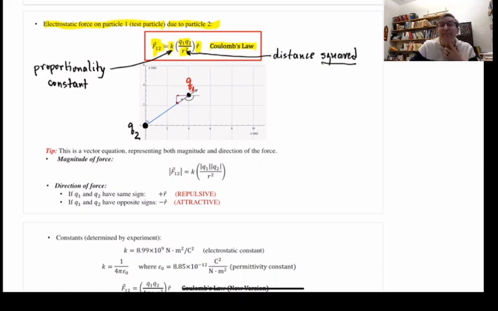Very famous formula, and very important to us for many chapters yet to come. We need to be able to calculate the electrostatic force that one charged particle exerts on another, no matter where those particles are located. All right.